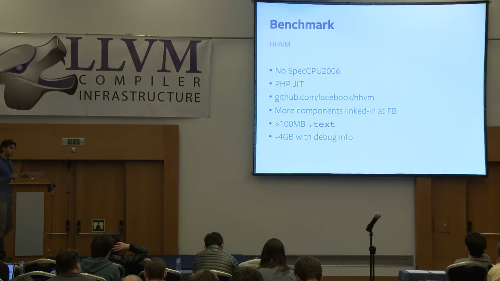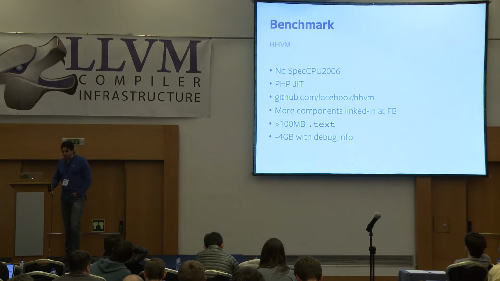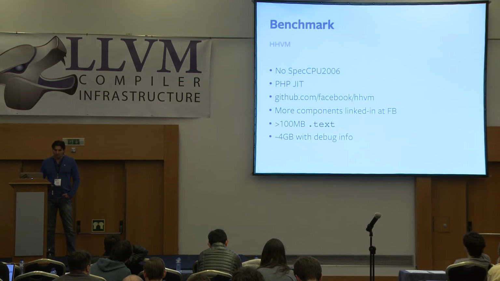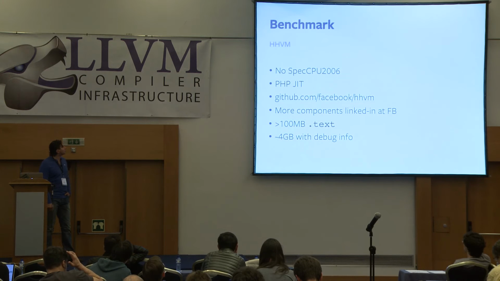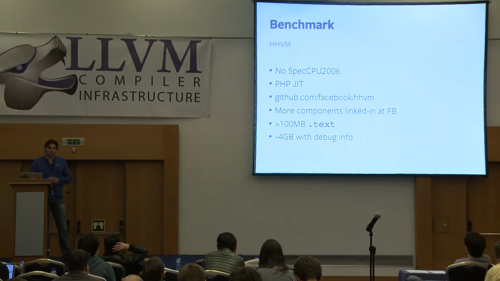Once we did this, we were ready to do the benchmarking. The tests passed. Surprisingly, it didn't take us that long. I think we were about 4 or 5 months into the project when this happened, so we were ready for benchmarking. The benchmark that we use is not SPEC.